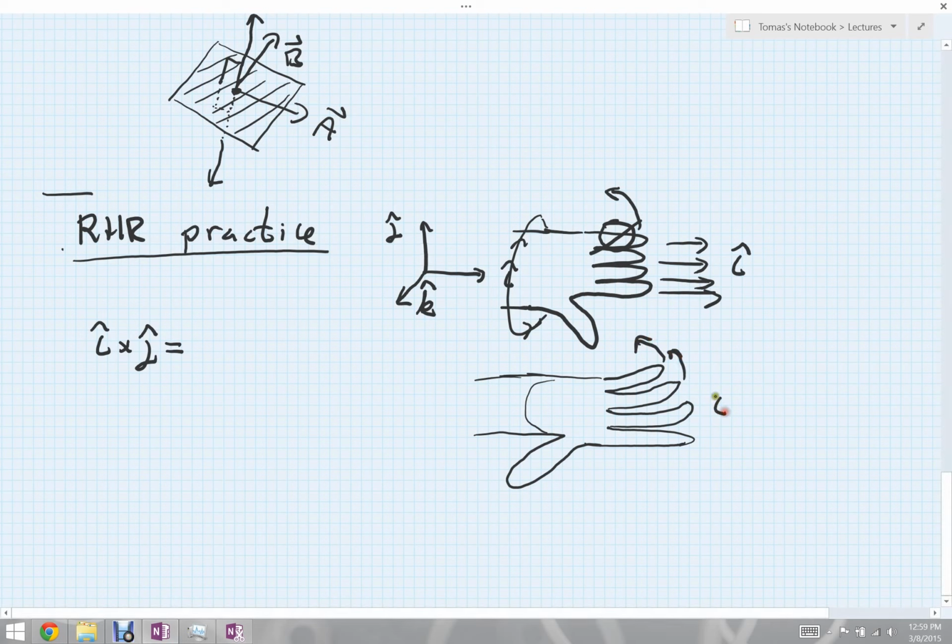They are pointing in i hat, but by curling them upwards, I'm getting them to align more with j hat, and that's fairly comfortable. So I've found the correct rotation for my wrist, and then you look at the direction of your thumb, which selects which side of the plane your normal vector should be on.